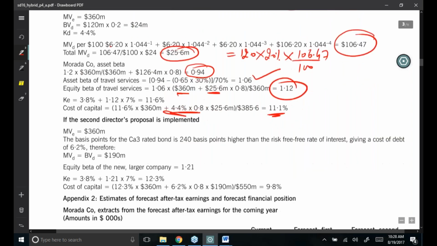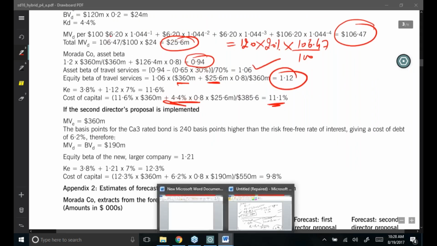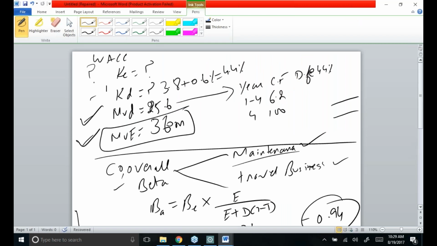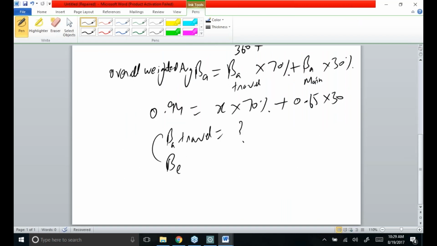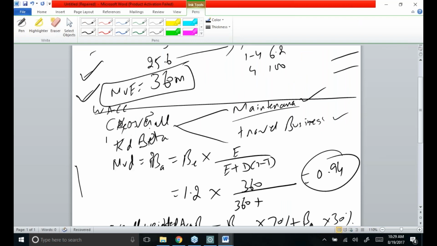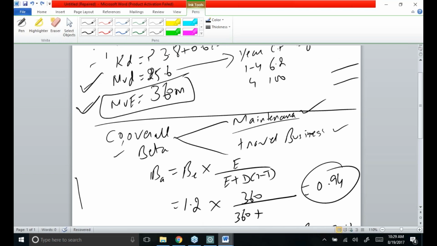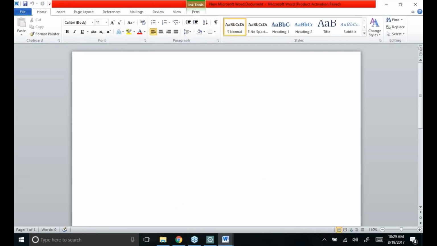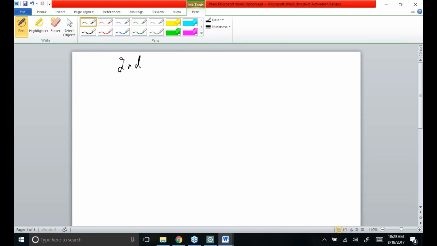Okay, what about the proposal of the second director? You need to adopt the same procedure. In the case of the second director, you need to calculate four main inputs: KD, cost of equity, market value of debt, market value of equity.